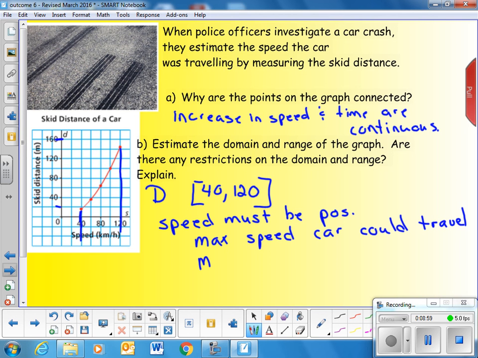And there would be a minimum speed that would produce a skid mark. If you're traveling very slowly and you slam on the brakes, you still won't make a skid mark.